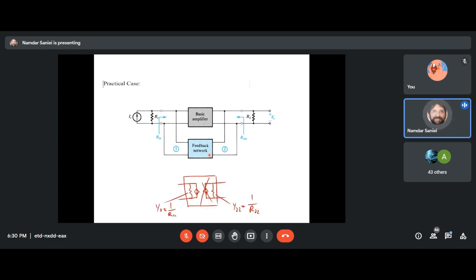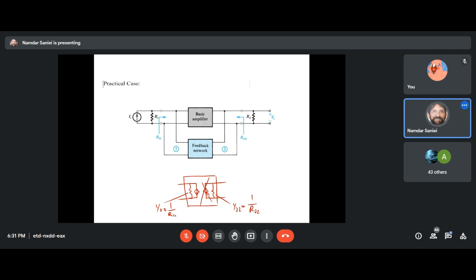It's the Y parameters, because in Y parameters we have shunt or parallel components on both sides. And we have Y11, Y22, and two dependent current sources. This one gives us the beta of the feedback network.